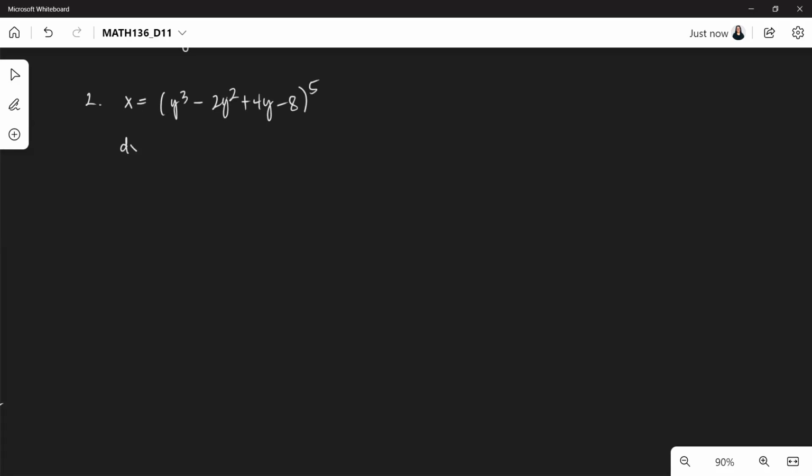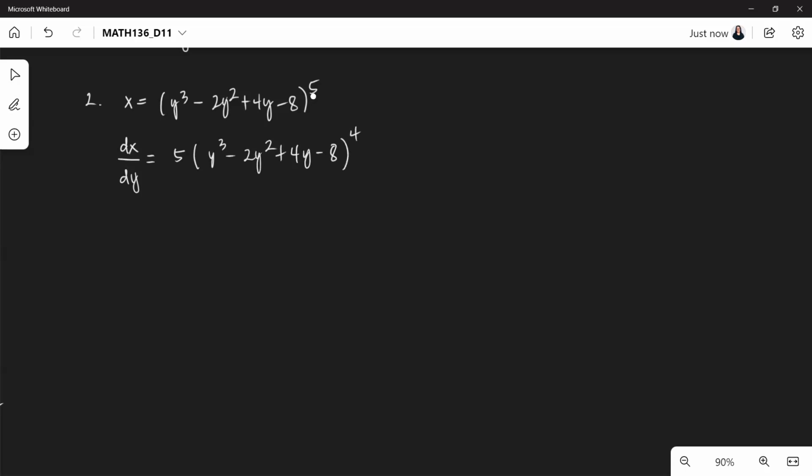Same process, get the derivative of x with respect to y. So we have 5 times the derivative of, this is basically u raised to 5, so we reduce the power by 1. So it's going to be this polynomial raised to the power of 4.